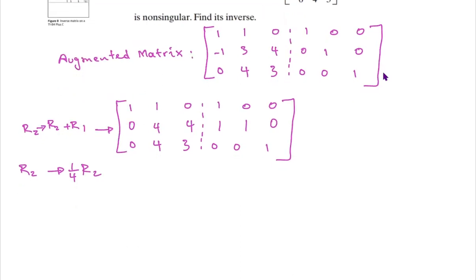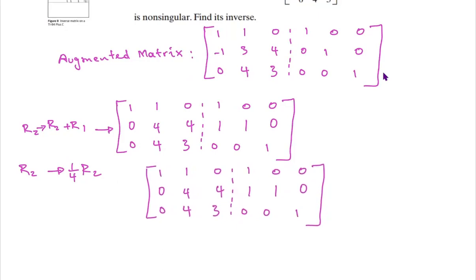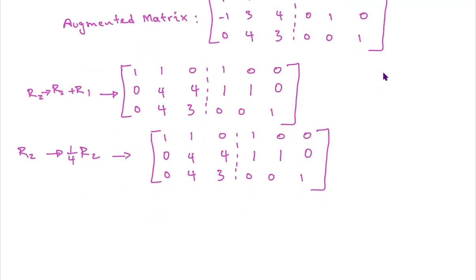Otherwise, for this step, I'm not changing the other rows. This one will remain 0, and then everything will be divided by 4. So that's 1, another 1, 1/4, 1/4, and then 0.